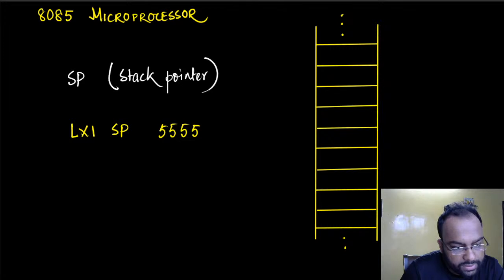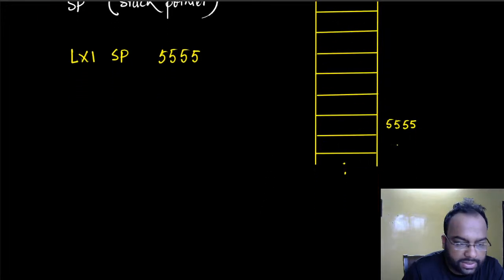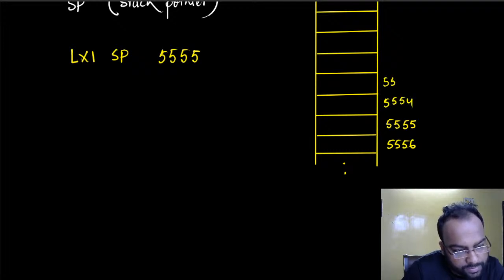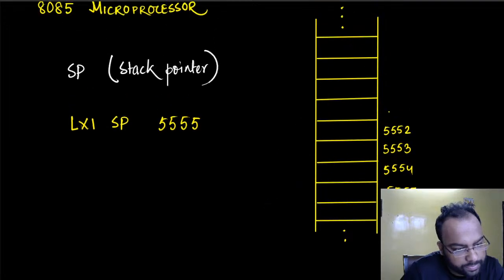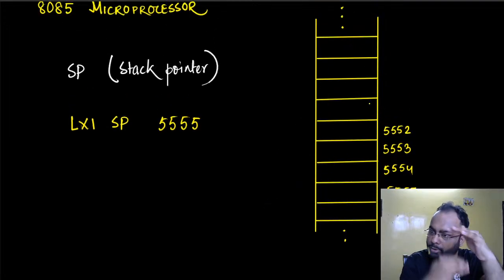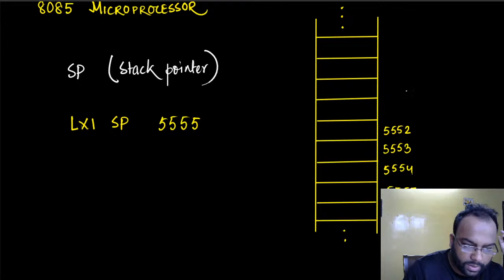For example, say this is memory location 5555, this is memory location 5556, this is 5554. So I'm just looking at a particular section of the memory.